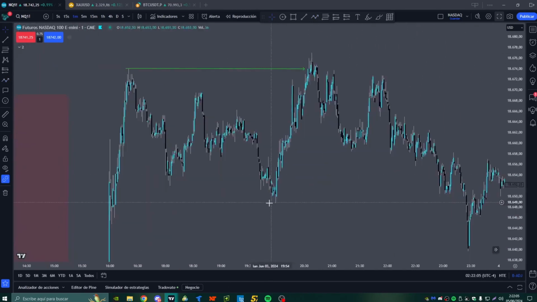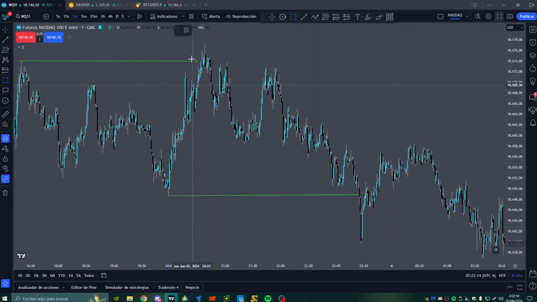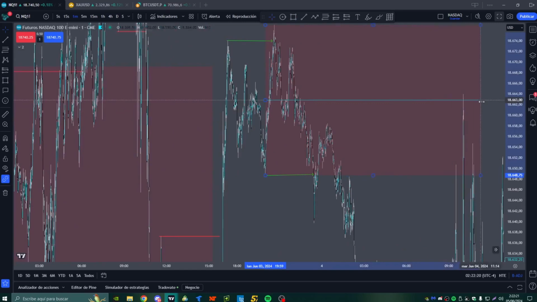A close above this, above here, and a close below the lowest point between these two highs. Therefore, change of structure. The highest point between the two lows will be our area of shift of the change of structure.